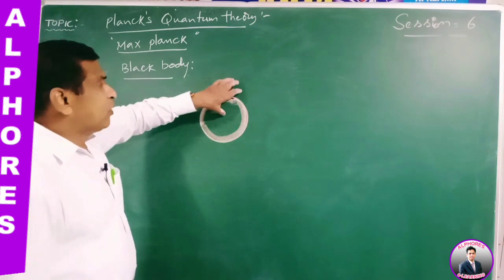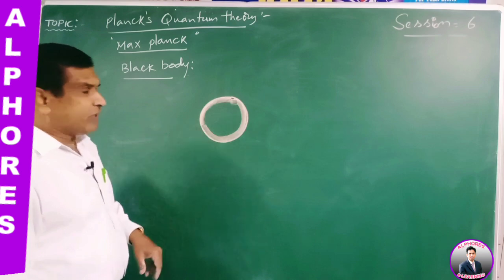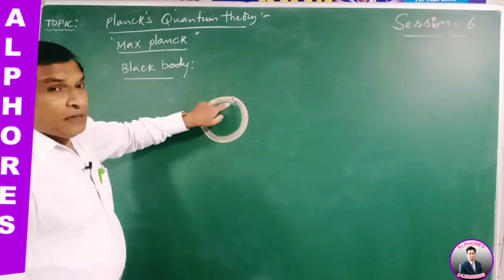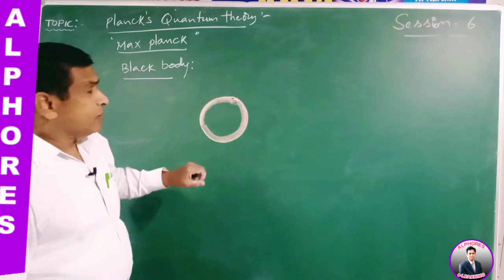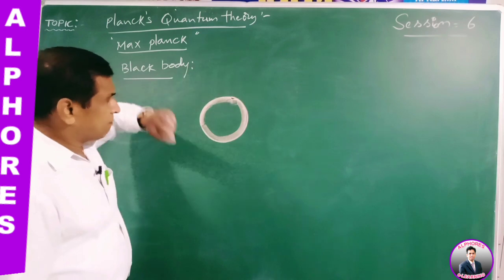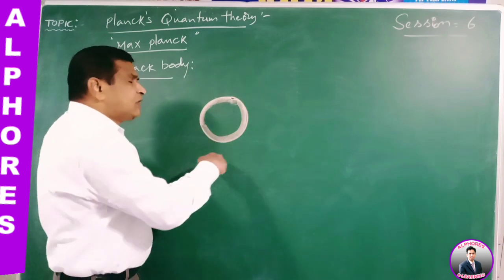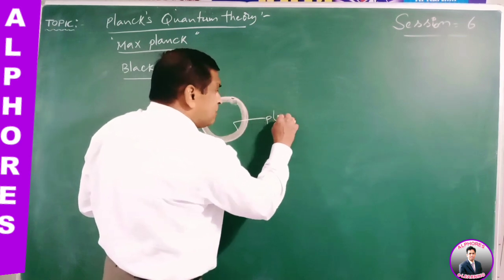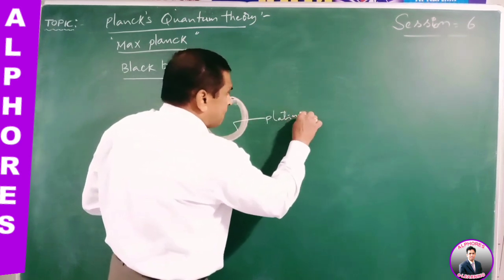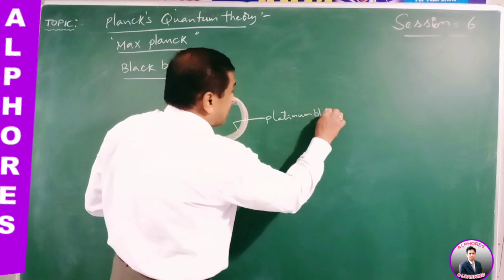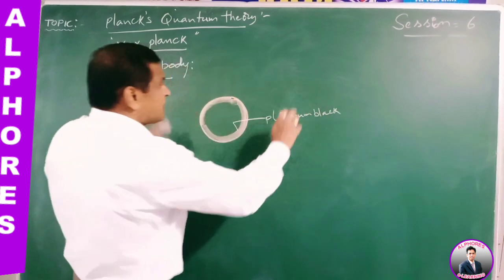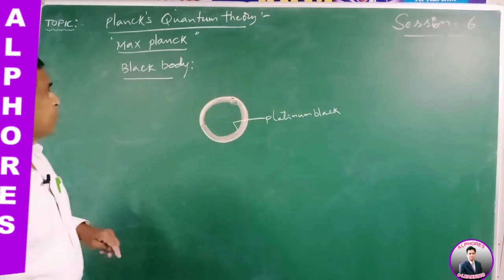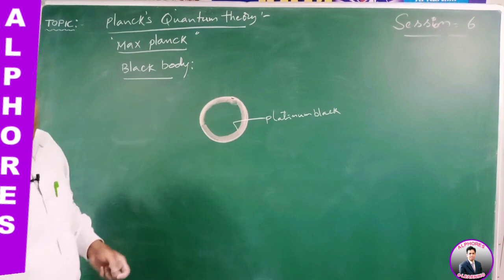It can be constructed as a hollow metal sphere with a small hole coated inside with platinum black. That is the artificial black body.